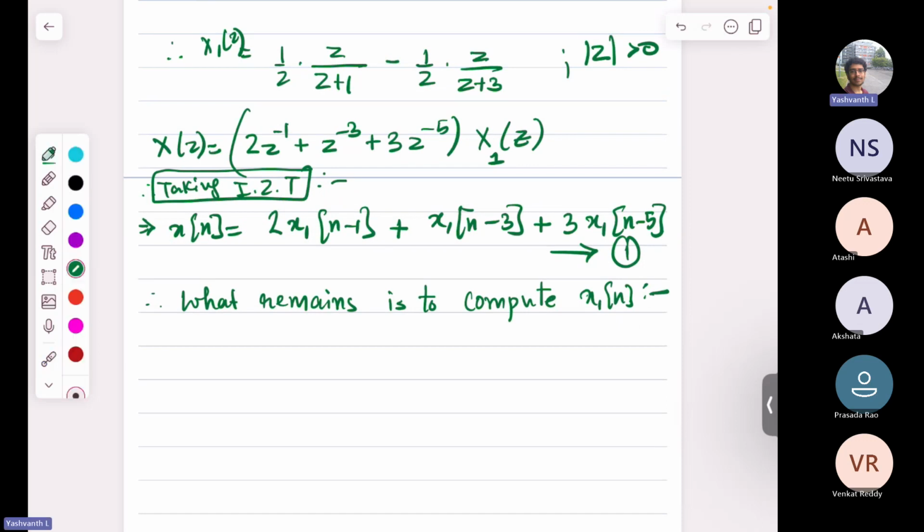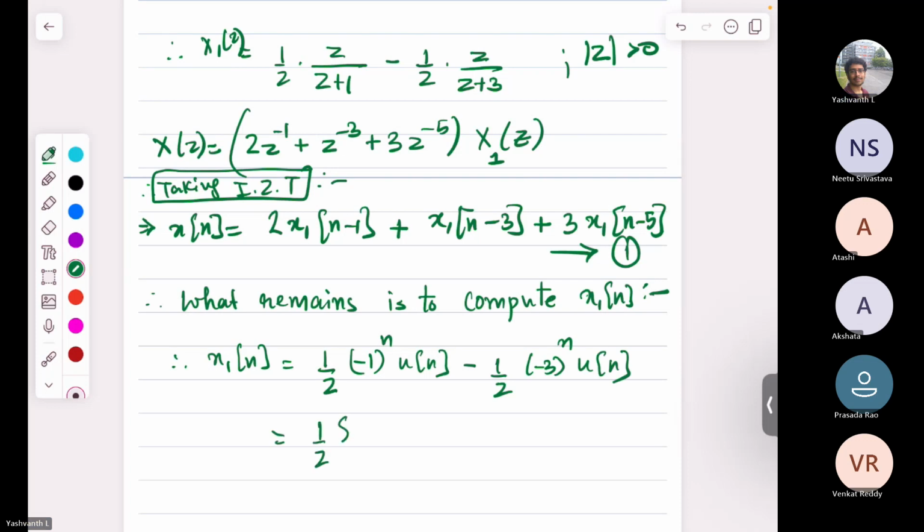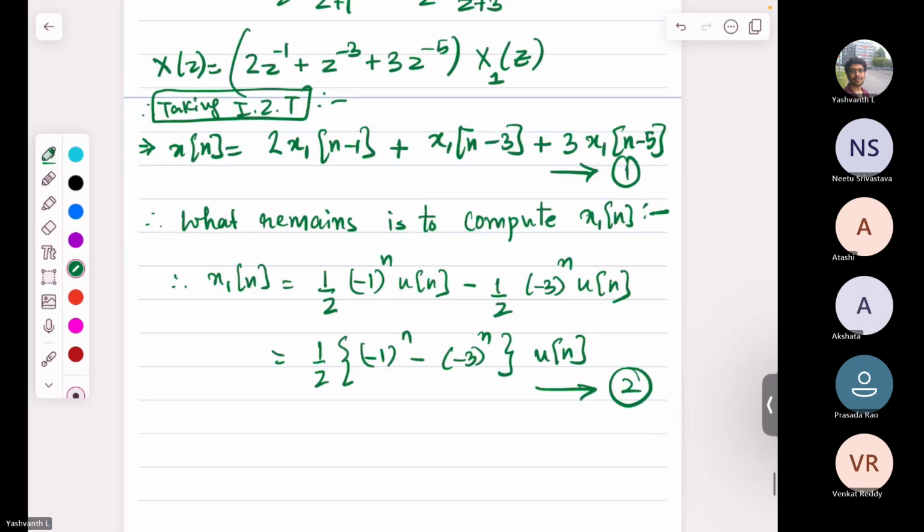So x1 of n is half into minus 1 power n into u of n minus half into minus 3 power n into u of n. That is the same as half into (minus 1 power n minus minus 3 power n) into u of n. Call this equation 2.